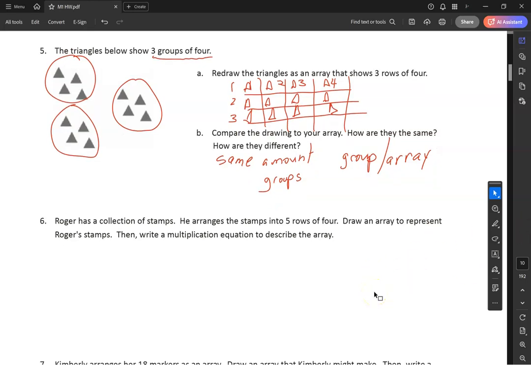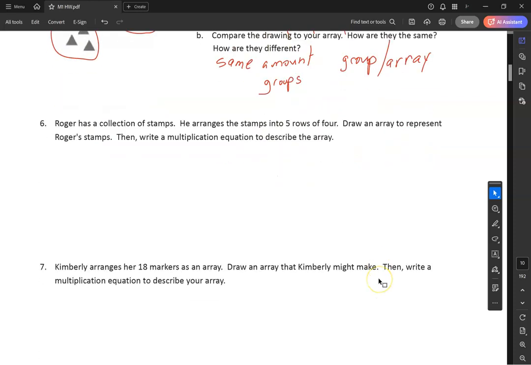All right, number 6. Roger has a collection of stamps. He arranges the stamps into 5 rows of 4. Draw an array to represent Roger's stamps. Then write a multiplication equation to describe the array.